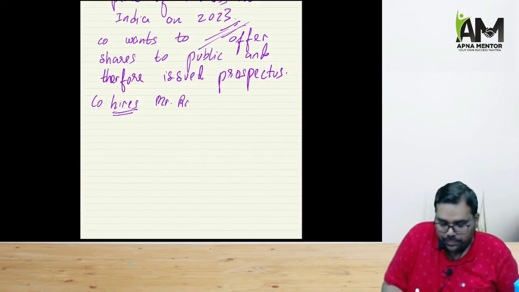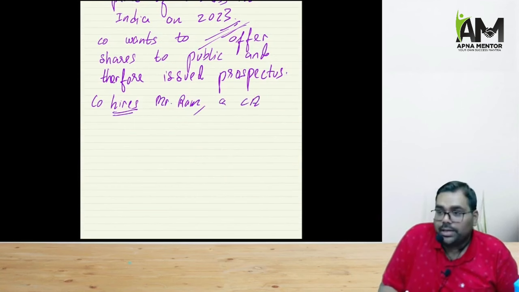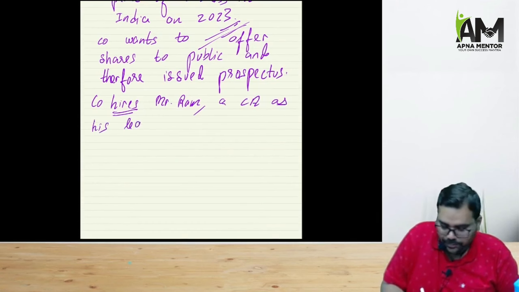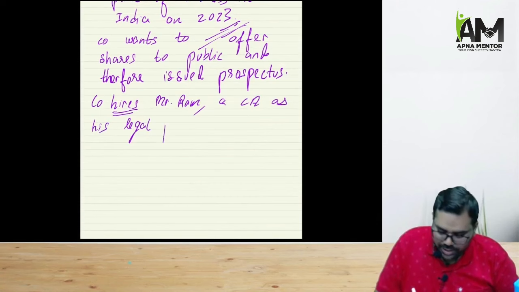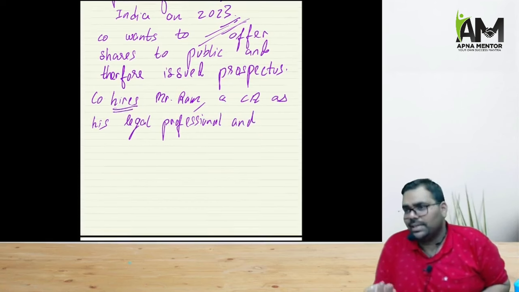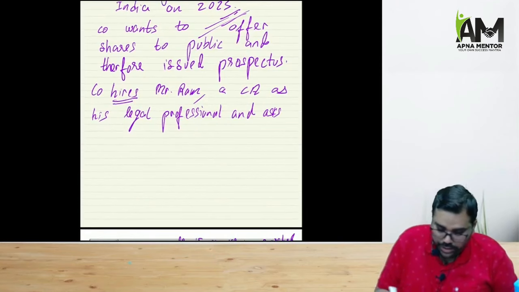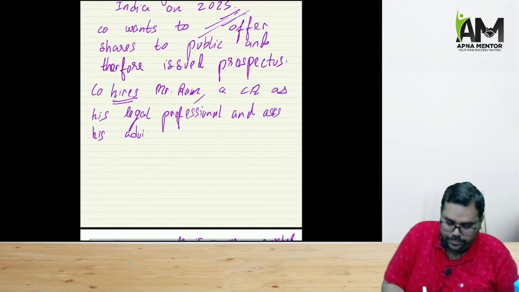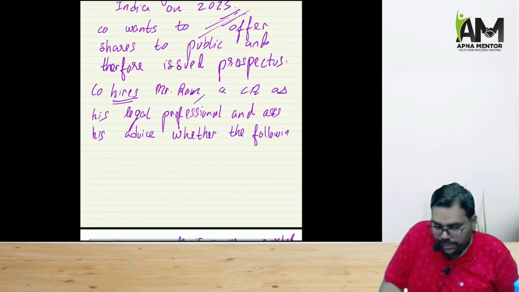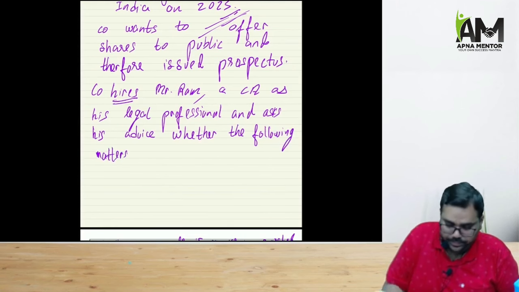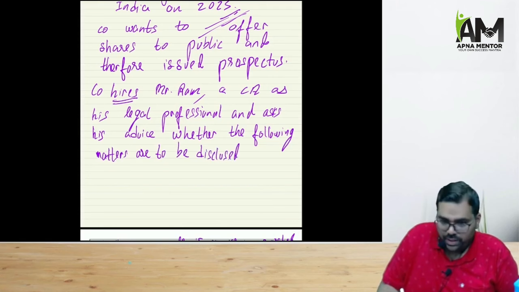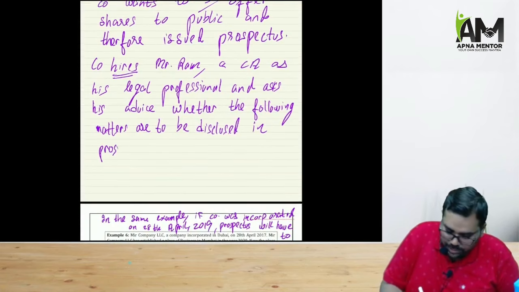Company hires Mr. Ram, a chartered accountant, as his legal professional, and asks his advice whether the following matters are to be disclosed in the prospectus.